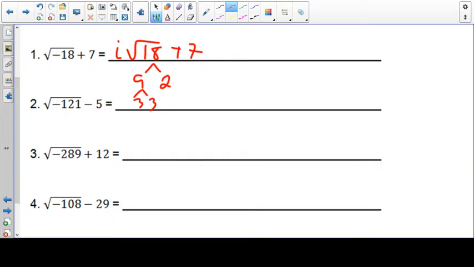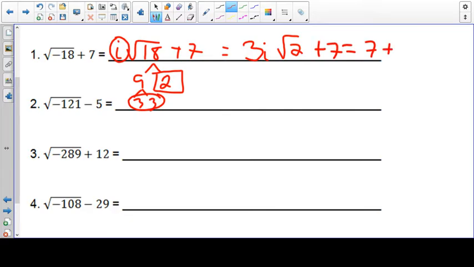So I have 3i root 2. Because my 3's came outside, they came out to hang out with my i. 2's left underneath. Plus 7. Well, I want to rewrite that so the real part comes first. So 7 plus 3i root 2.